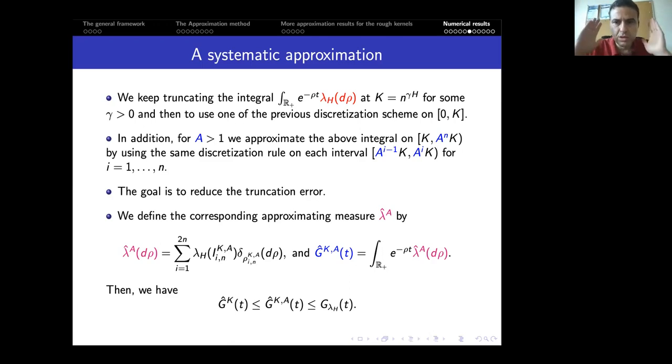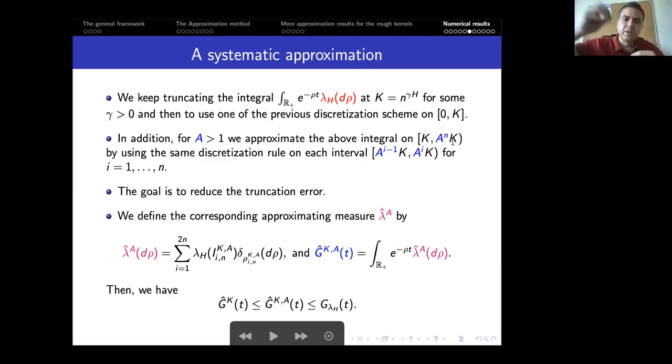So don't stop at the level 0 to k, but do more work on intervals between k and a to the power n times k. So let us take a constant a larger than 1, and we propose even to approximate the above integral on the interval k to a to the power nk. So go deeper in the truncation and don't stop the truncation between 0 and k.